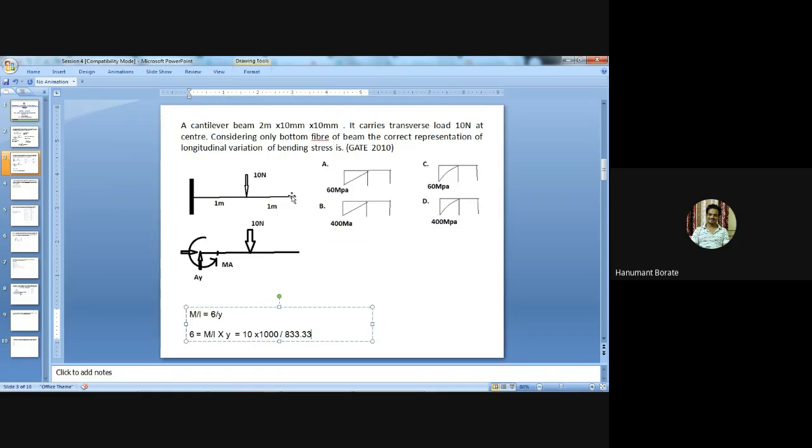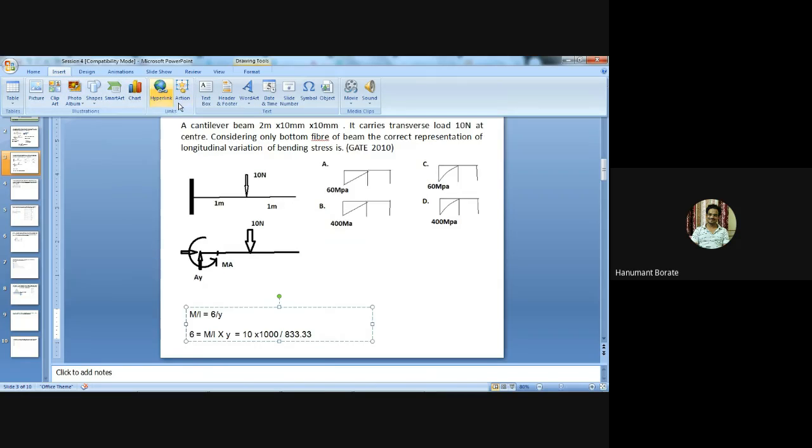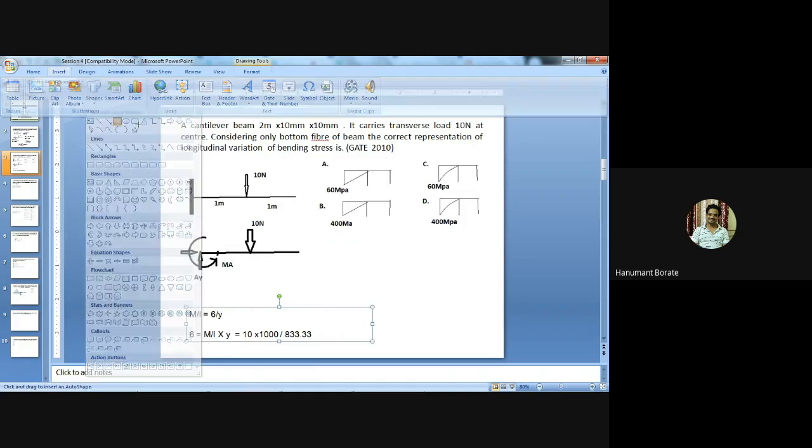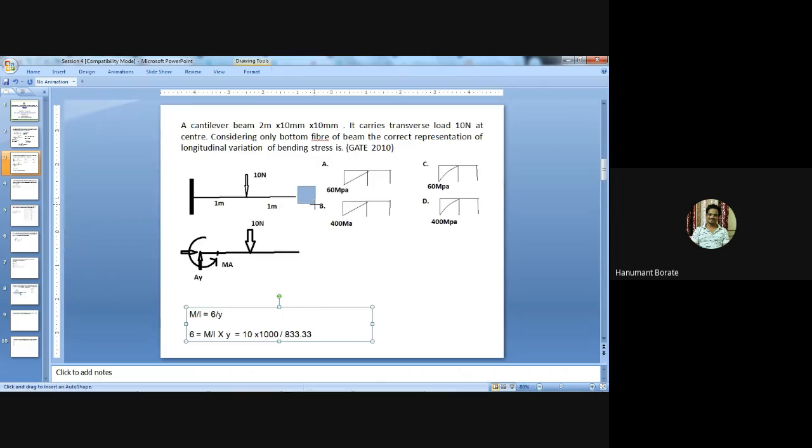But here we need to consider the bottom fiber. I will show the cross section. This is the line diagram of the beam, and at the center there will be a neutral axis.